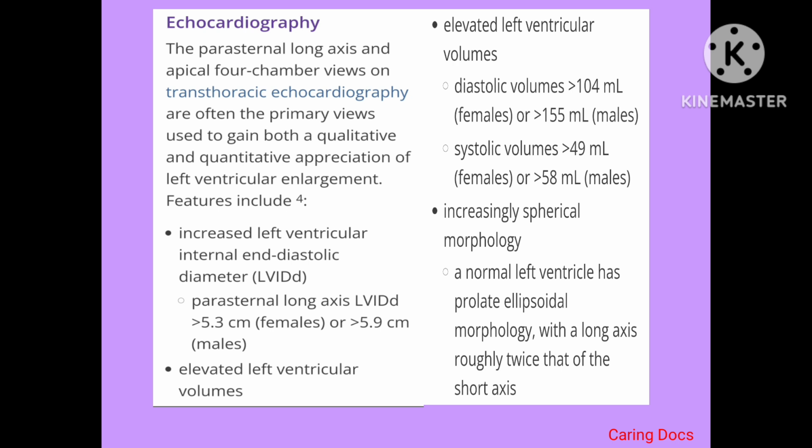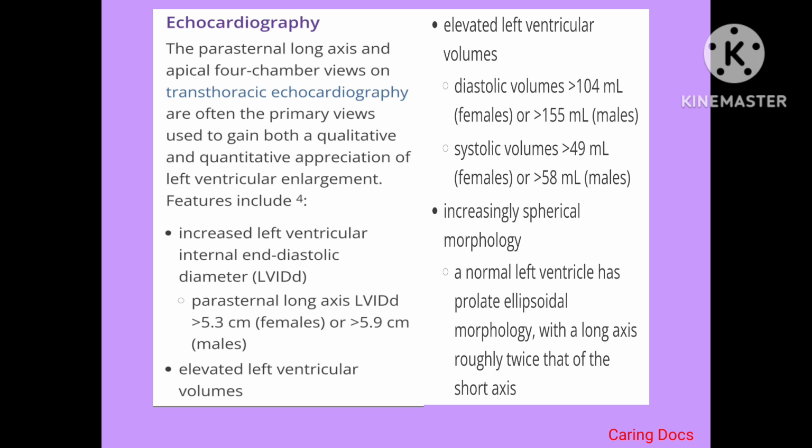Similarly, to confirm left ventricular hypertrophy, we have to do echocardiography. It is a very specific test. There will be increased left ventricular internal diastolic diameter; in the parasternal long axis, if LVIDD is more than 5.3 cm in females or more than 5.9 cm in males, then it is suggestive of left ventricular hypertrophy.